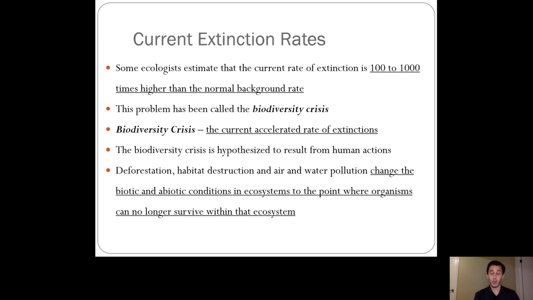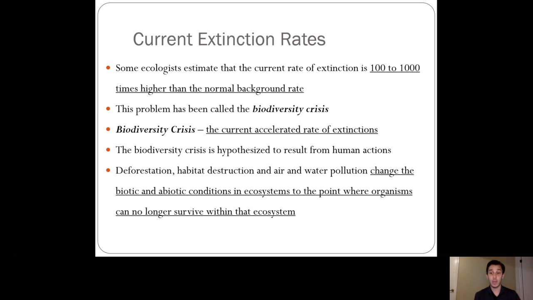Why are we going through a biodiversity crisis? It's not an asteroid. It's not just natural change in our ecosystem and environment. It's our actions. Deforestation, habitat destruction, and air and water pollution are rapidly changing the conditions in which species live, to the point where there are a great many species that can no longer survive within the ecosystem.